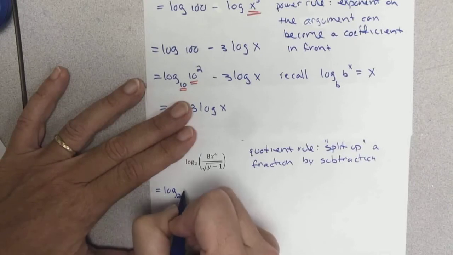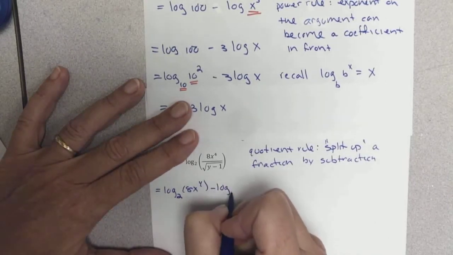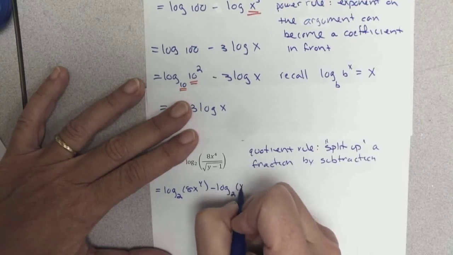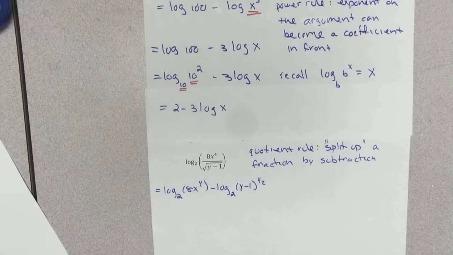And so this becomes log base 2 of 8x to the 4th minus log base 2, and we'll take an extra little tiny step here, of y minus 1 to the 1/2. Remember, a square root, same thing as an exponent of 1/2.